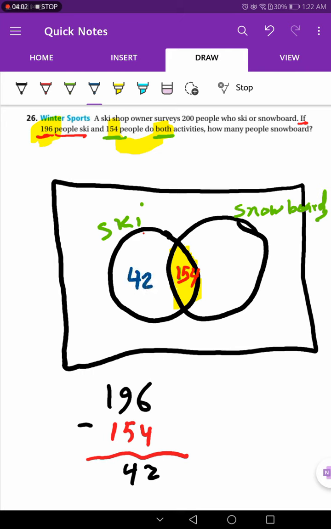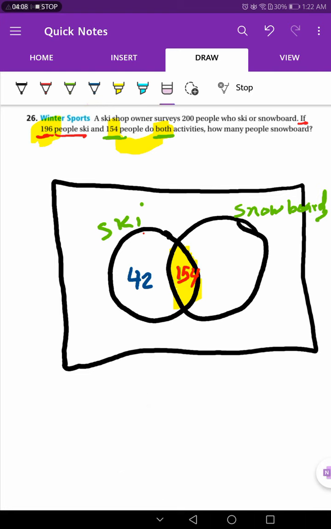Okay. But actually, he doesn't ask me about the people who ski only. And this 42 represents the people who do ski only. But the 196 represents the people who ski and also do snowboard, or some of them snowboard.